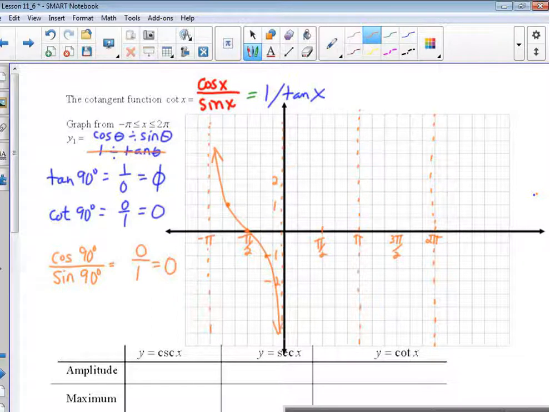I didn't even put the tan up because if you graph those two at the same time, it gets very complicated to look at. So this one I do recommend just looking at cotan by itself. And then that pattern just repeats. So at 90 you're at 0, 45 you are at 1, and at 135 you're at negative 1.